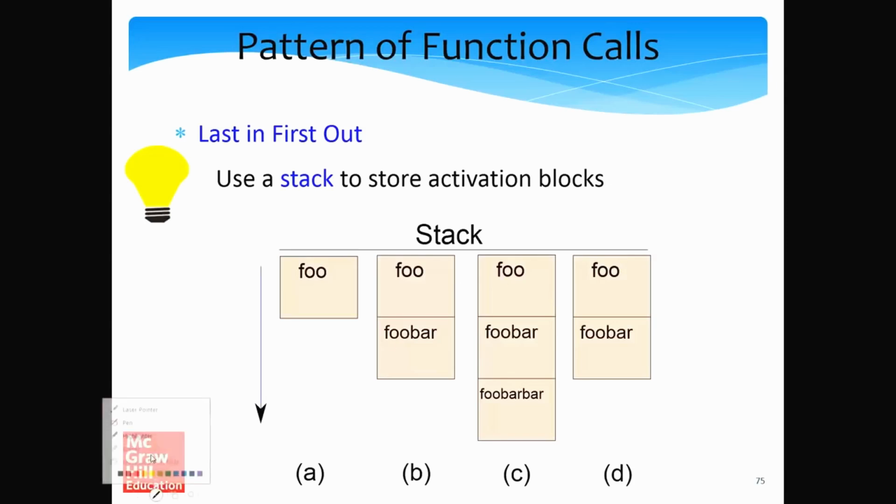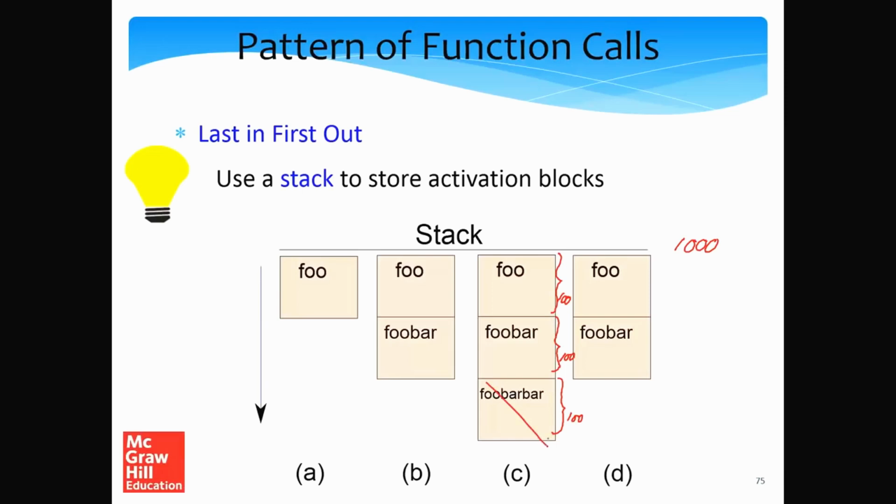Let's consider an example to make things easier. Let's say that the stack begins at location 1000. Let's assume that the size of the activation block of foo is 100, foo bar is 100, and foo bar bar is 100. So the first 100 bytes can be consumed by the activation block of foo, the next 100 by foo bar, and the next 100 by foo bar bar.